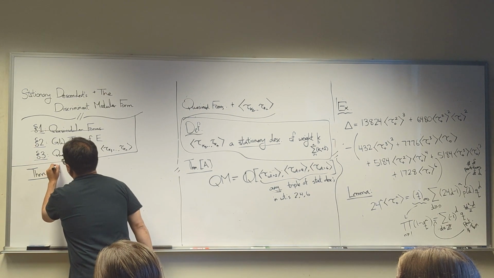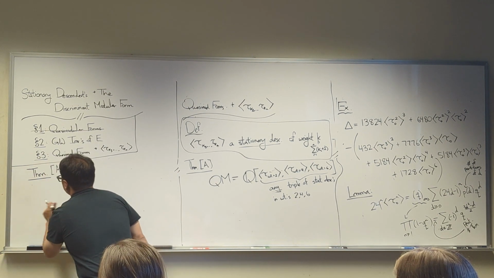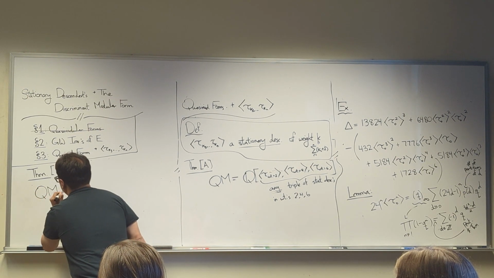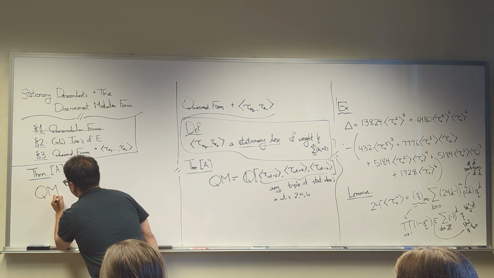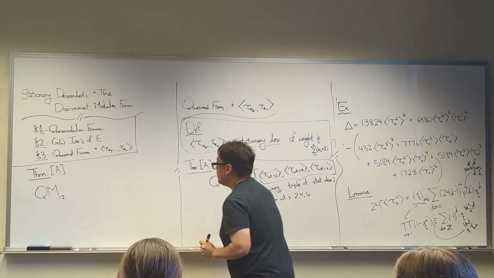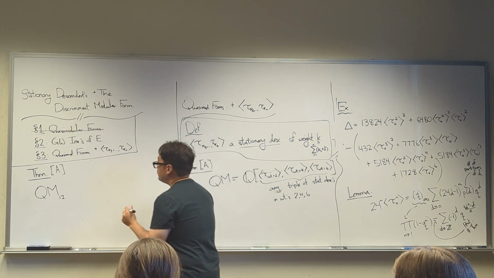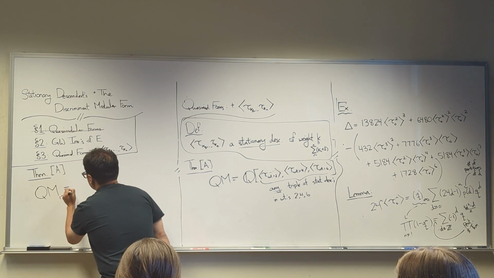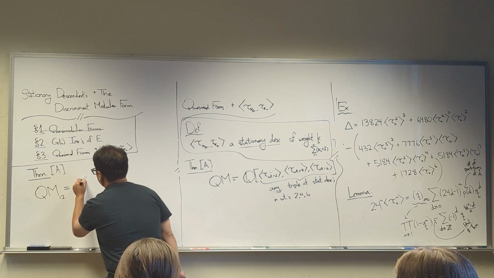This is the last thing I'll say. It turns out that if I look at all quasi-modular forms of weight 12, then I can always generate it in the following way.